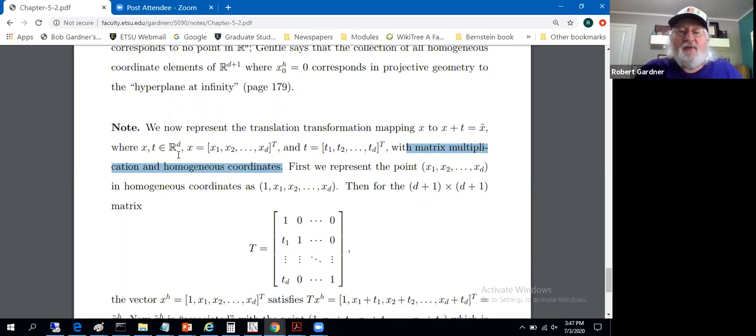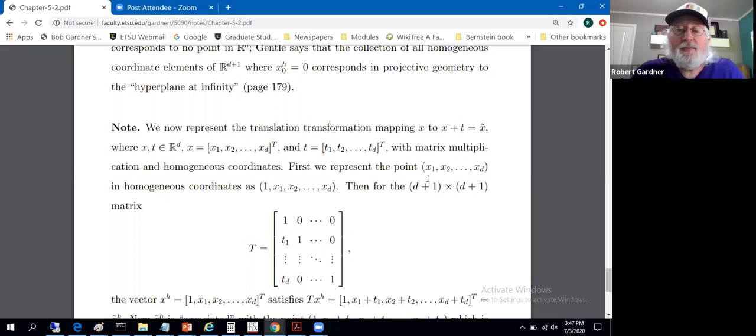So we're going to take a brief excursion to R^(d+1). And what we're dealing with is a (d+1) by (d+1) matrix here. That's the plan. That's not what linear is. We're getting linearity in this homogeneous representation. You're not getting a literal translation, though, with respect to the homogeneous coordinates. All right, so here's what we're doing.